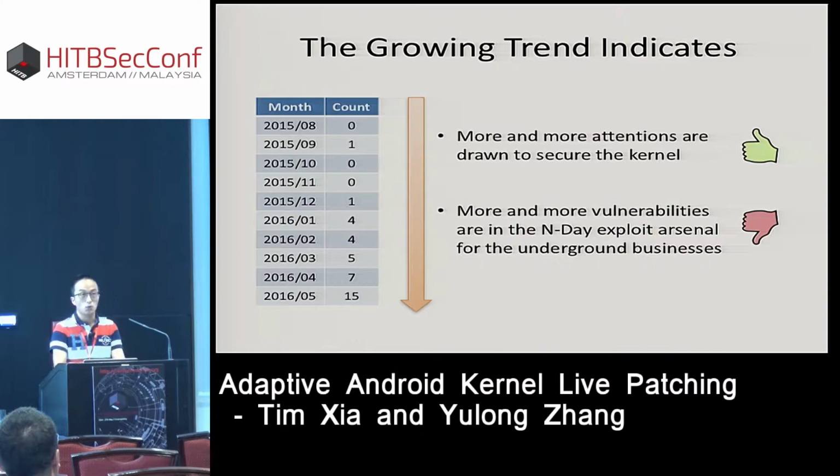The first is that more and more attention is being paid to securing the kernel, because more and more resources and people are analyzing the problems. And the second one is that more and more vulnerabilities are in the end-day exploit arsenal for the underground businesses. Because the bad guys also know there are so many vulnerabilities to exploit.